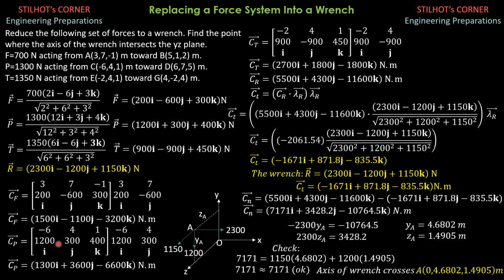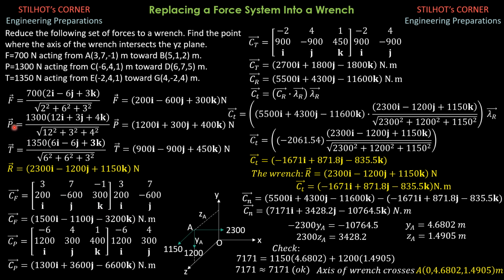That would be 1500i. Then for j, negative 200 minus 900 is negative 1100j. 3 times negative 600, negative 1800, minus 200 times 7, negative 1800 minus 1400 is negative 3200k newton meter.